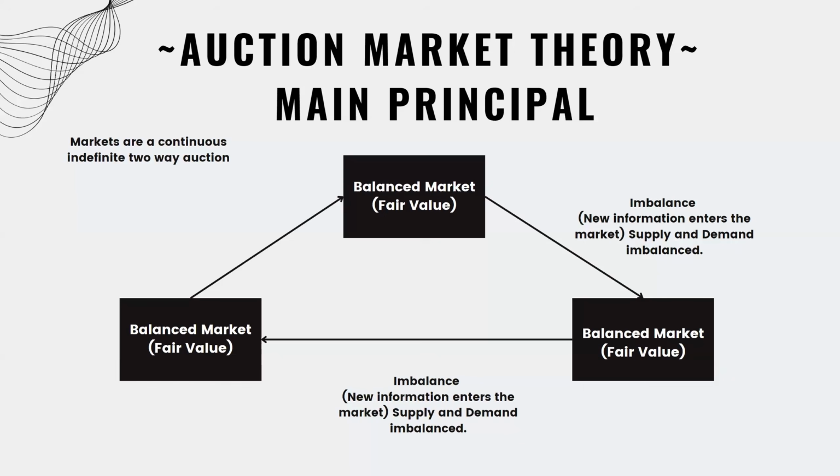There's going to be some kind of event, whatever the case is, where markets get imbalanced. They start to move outside of this balanced area. This is based on new information that might enter the market. It's also mainly based on imbalances from market buying and market selling, the real supply and demand. Not your supply and demand zones or that stuff. It's real supply and demand. So, for example, there might be some situation that sparks very heavy, aggressive selling.